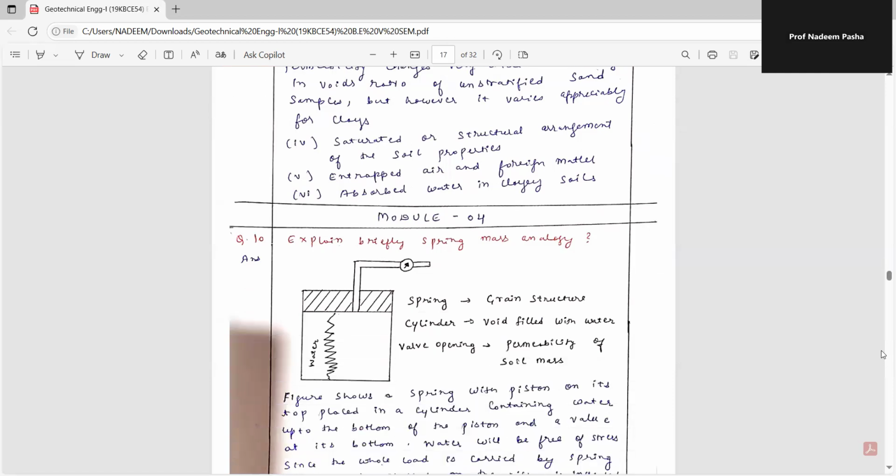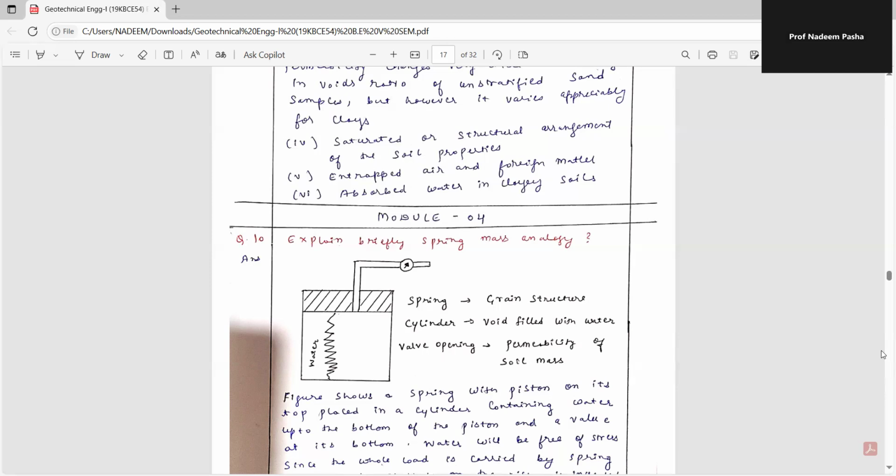Next is, explain briefly the spring mass analogy. If you see the figure, a spring is there in a cylinder which is filled with water, while an opening is there for permeability of the soil mass. The figure shows a spring with a piston on its top, placed in a cylinder containing water up to the depth of the piston, and a valve at its bottom.